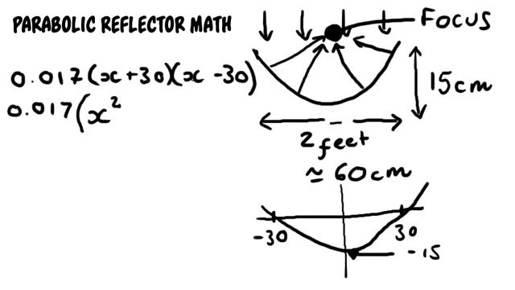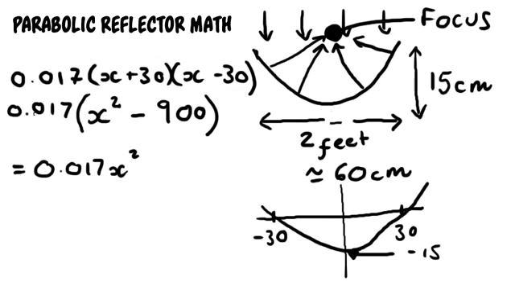Hopefully you can see the beauty of doing it this way. Those outer and inner terms cancel. And then the last term is plus 30 multiplied by minus 30, which gives me -900. Okay, distribute the 0.017, 0.017x squared. If you can't see immediately what 0.017 times 900 is, don't worry.